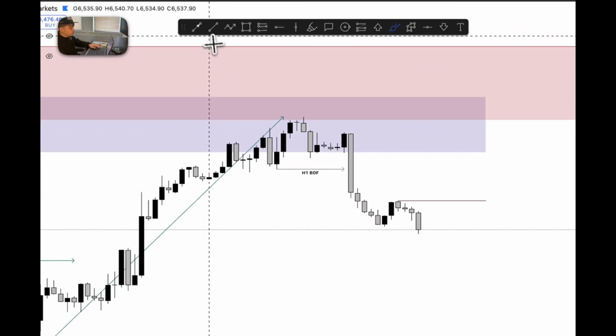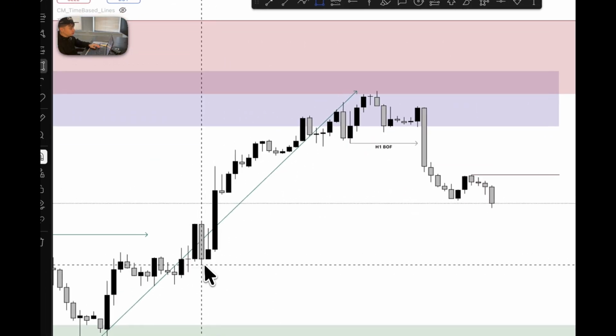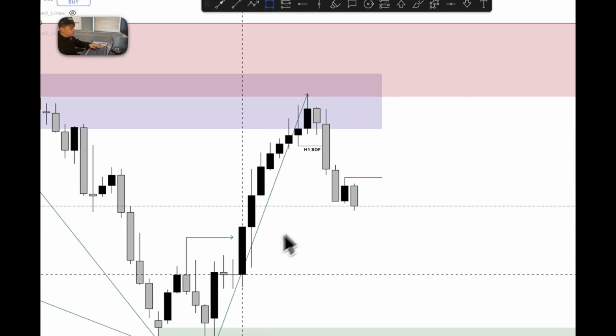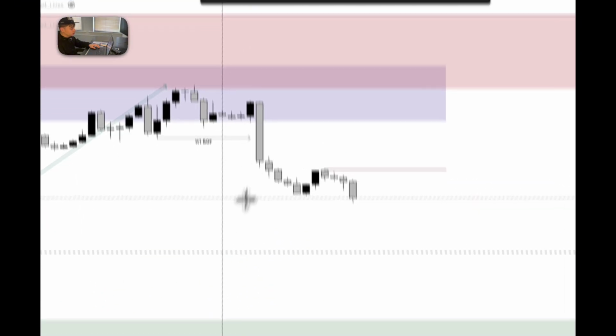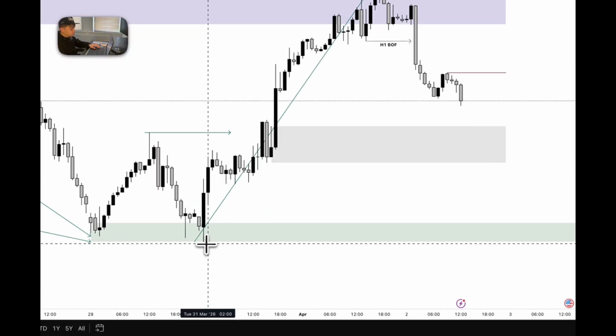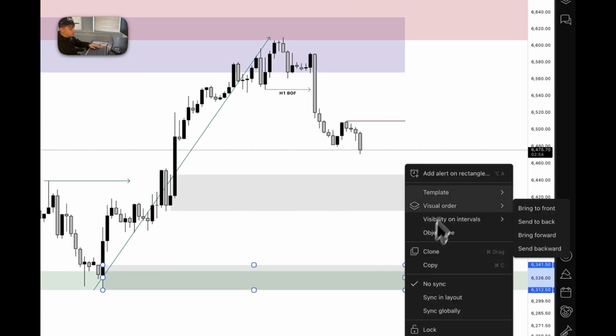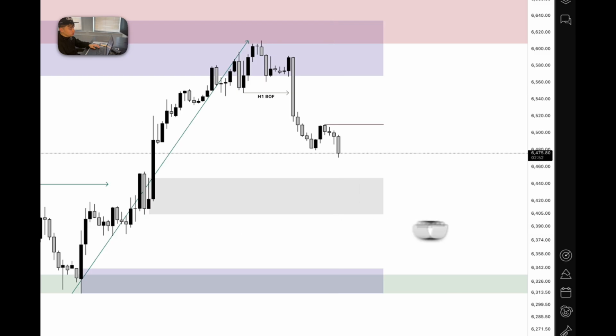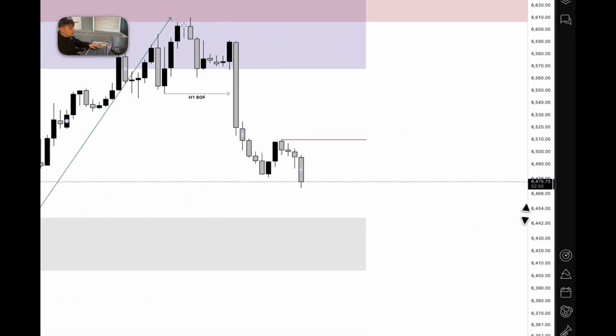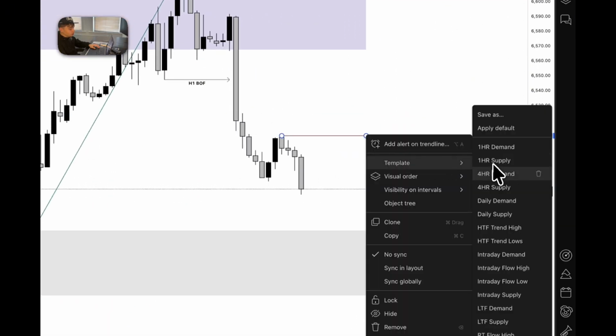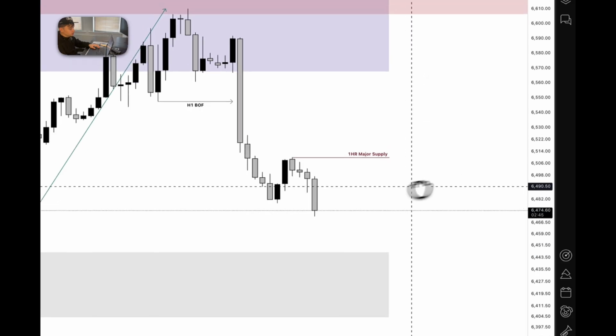So finishing it off, let's just mark out my, actually I'm going to go back to my 4 hour. Yeah, 1 hour. And we'll mark out this as well. It's your pivot point. Anyway, so there's that. I'm going to mark out my 1 hour supply.